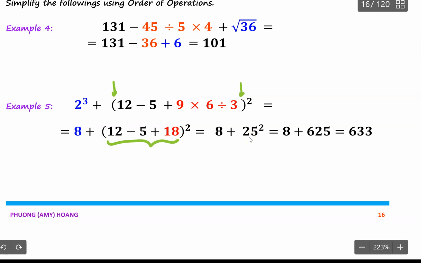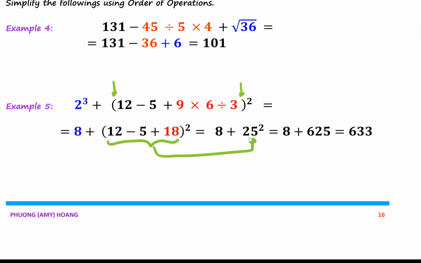This here will turn into 25, and I haven't squared that yet because I just finished what I have to do inside the brackets. And where is the number 8 coming from? Number 8 comes from 2 to the exponent of 3. You take 2, use this operation on your calculator, and put 3, and you should have the answer as 8.